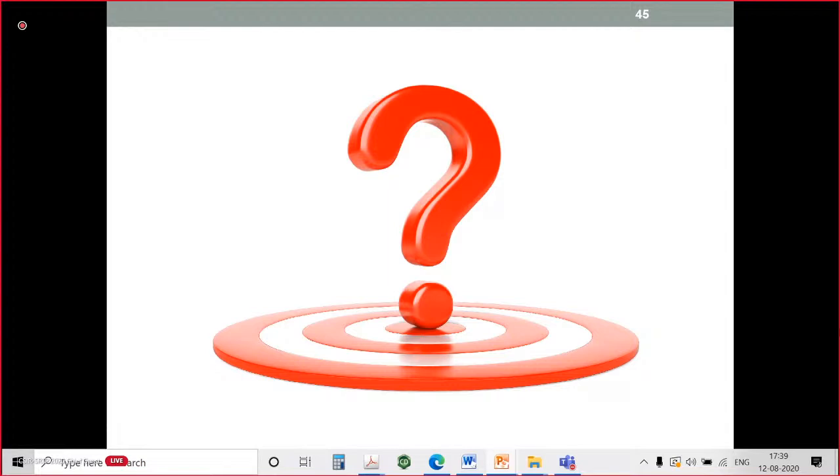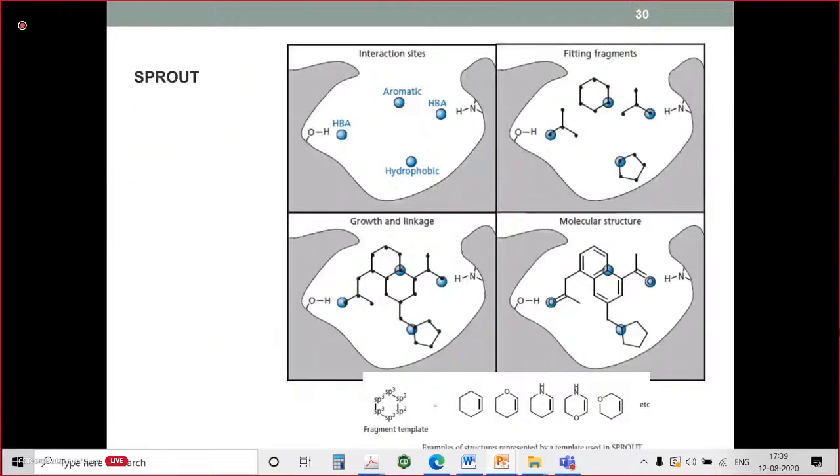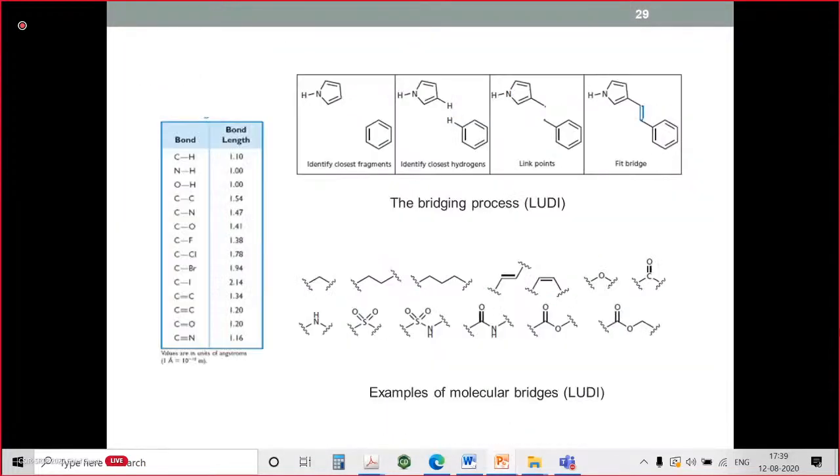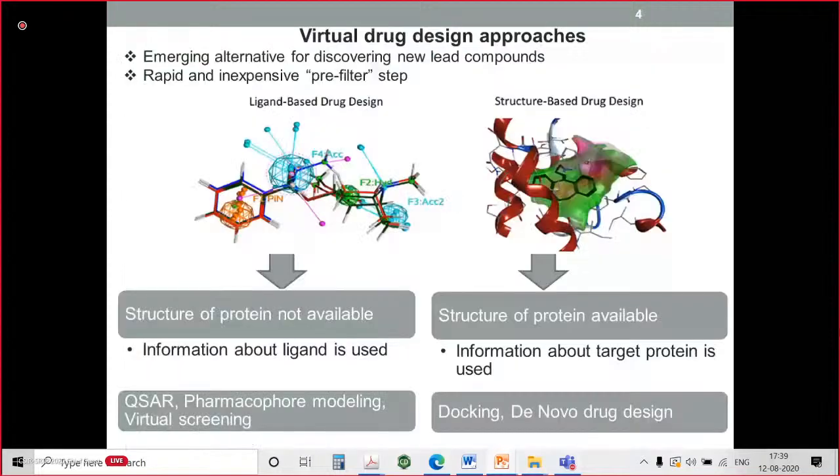Fine, sir. I will take a last question. It is related to tools. When we have a protein as a start, what are the best tools to identify candidate ligands? When we have a protein, I discussed this in one of the slides. Generally, tools are categorized into two broad categories: one is ligand based, another is structure based.